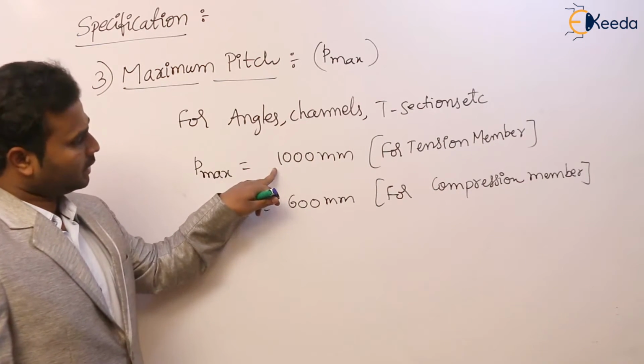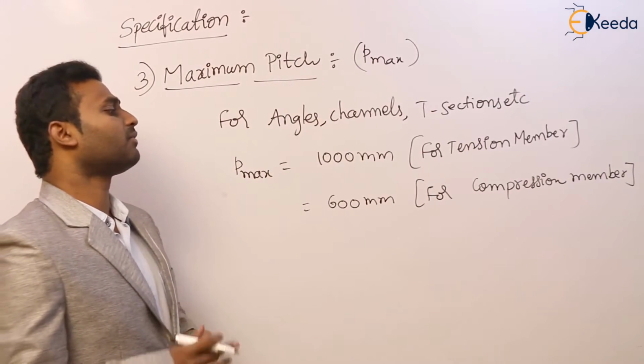So simply, 1000 mm for tension member and 600 mm for compression member.